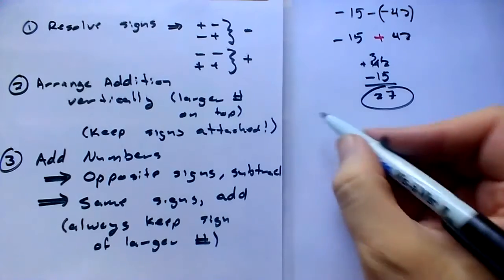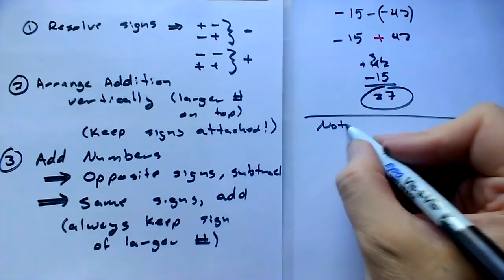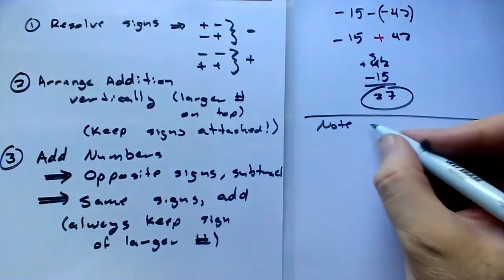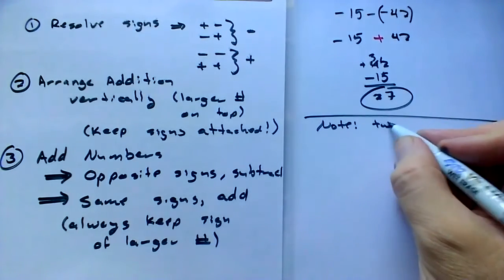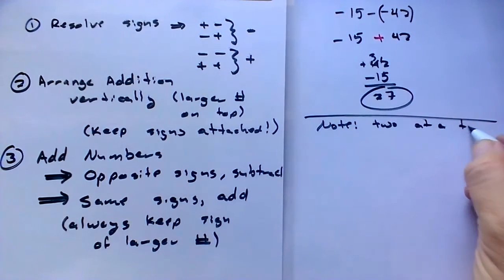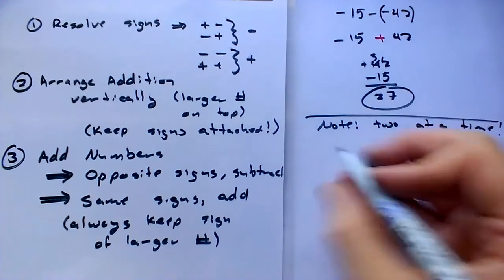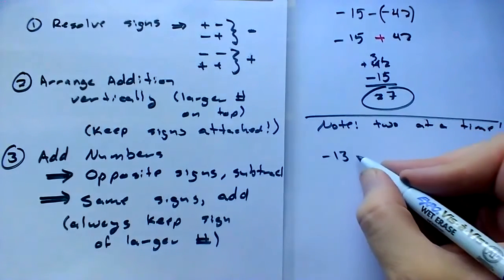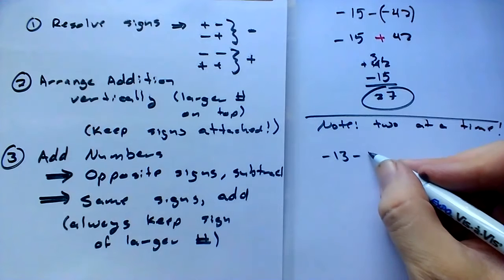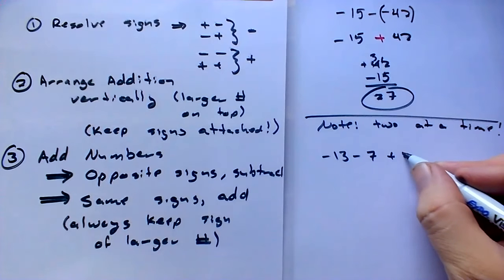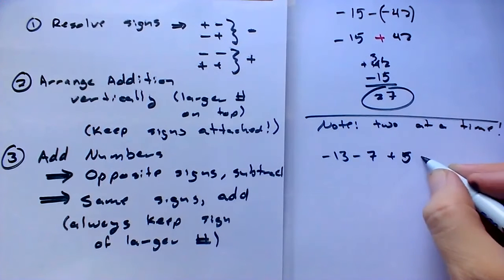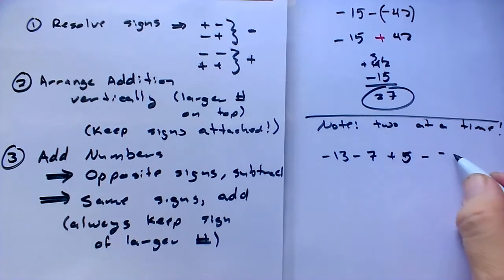Now, one thing to note is this only works 2 at a time. So say I've got something like negative 13 minus a 7 plus a 5, and then minus a negative 8.